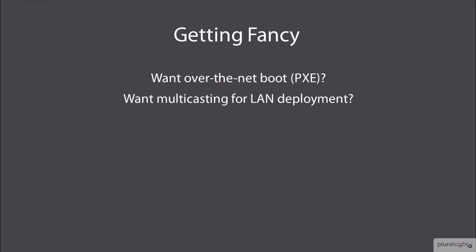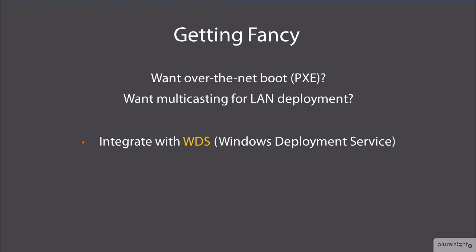Well, we could chat for hours about deployment technologies and methods in Windows, but it's time to move on. One last thought, however. If you would like to deploy Windows 10 over a LAN, and you'd like to be able to do network booting, for example, with machines that don't already have an operating system on them, or if you'd like to do multicasting to potentially reduce the bandwidth hit of installing lots of client operating systems over a network, then you will need server-side software called WDS for Windows Deployment Services.